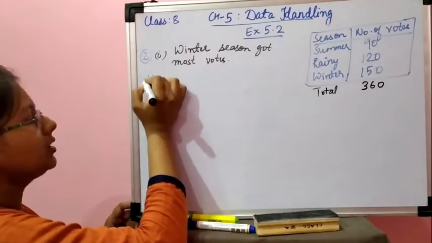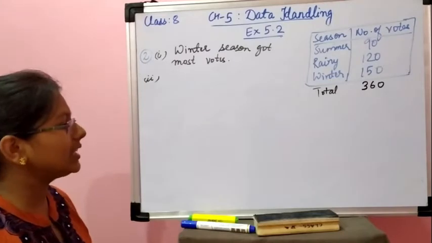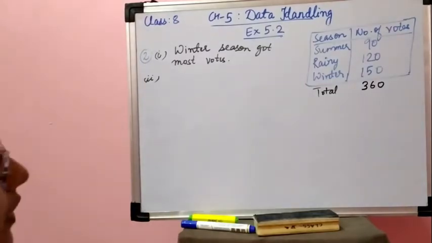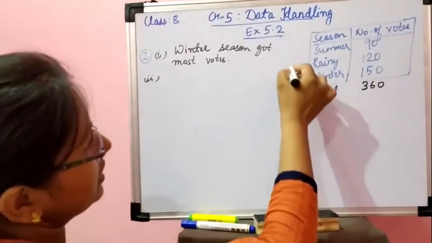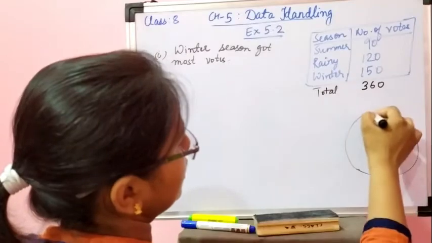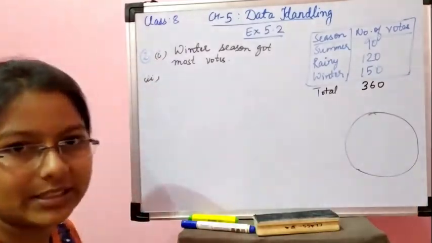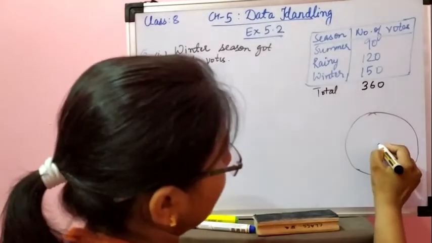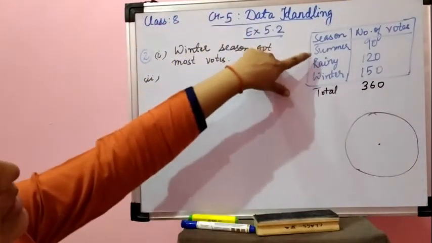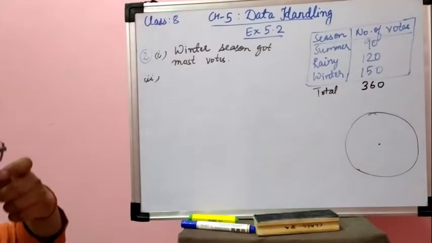Then in the second part, find the central angle of each sector. We know that in a circle, the central angle is 360 degrees. The complete angle is 360 degrees. So now we have to find the central angle for each season.